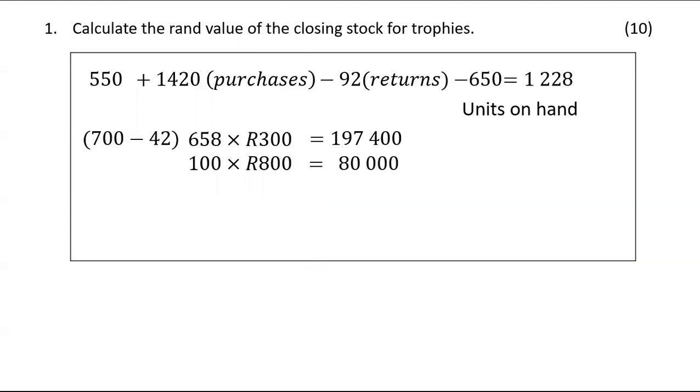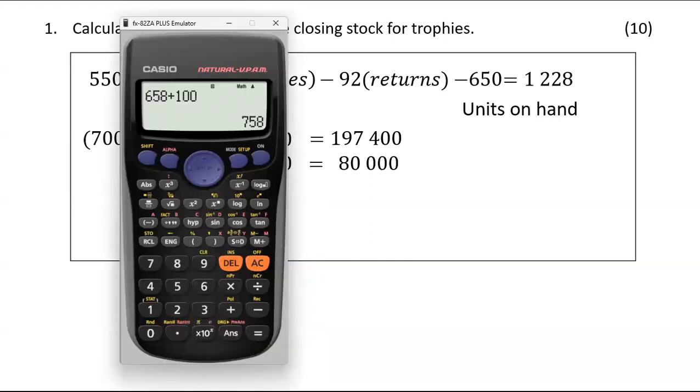So how much is left so far of the units available to be sold? All I'm going to do is take 1,228 and then minus the answer that I got in the previous calculation, and that will give me 470. So to make up that 1,228, I need 470 units.